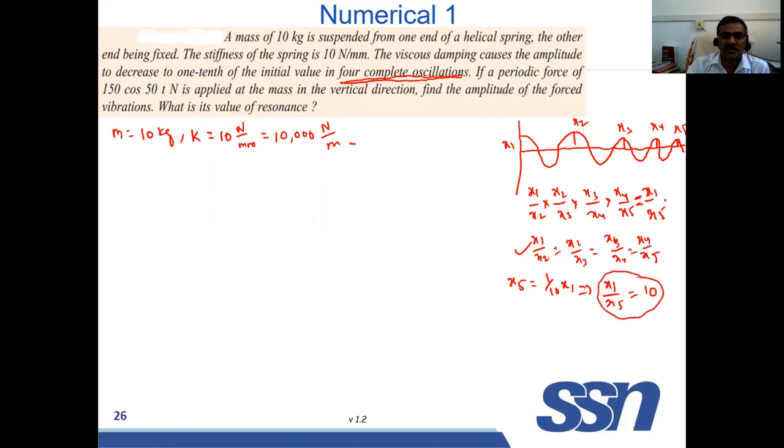This can be written as x1 by x2, x2 by x3, all are same. So x1 by x2, the whole power 4, is equal to 10. Then what is x1 by x2? x1 by x2 is equal to 10 power 1 by 4. How much is this? This is 1.78.